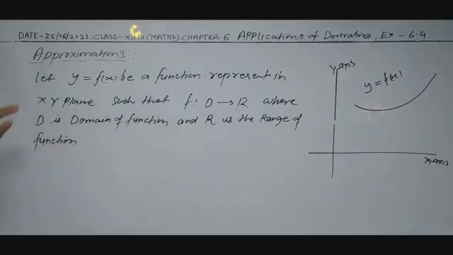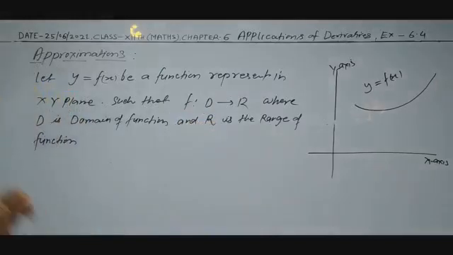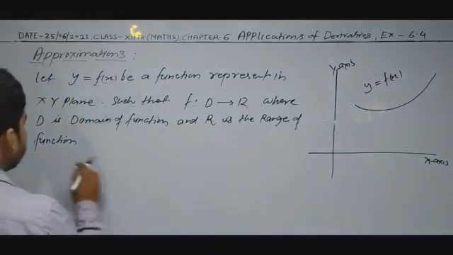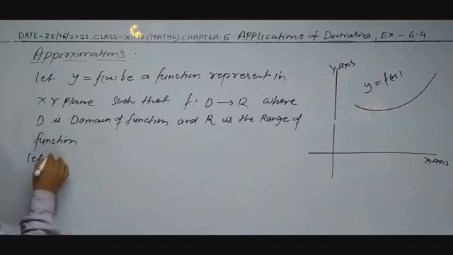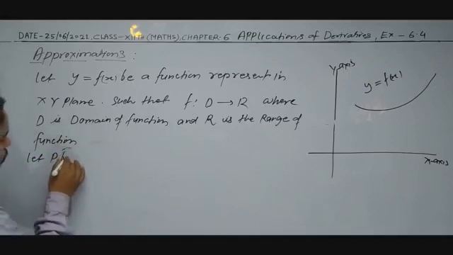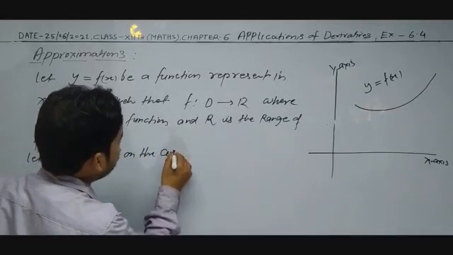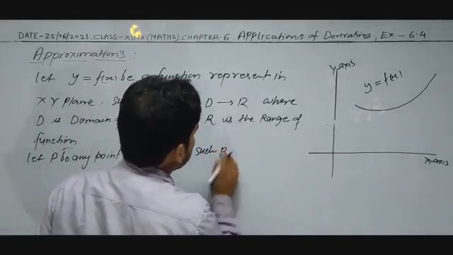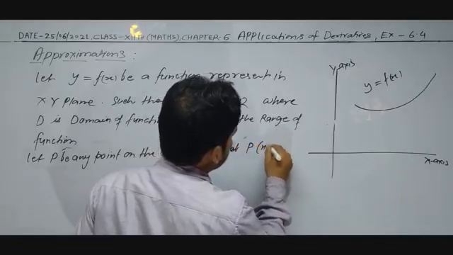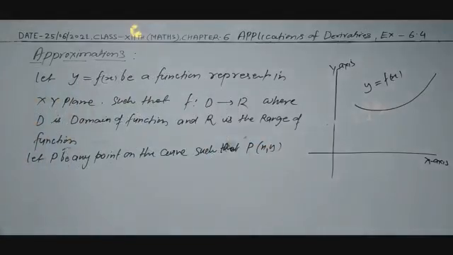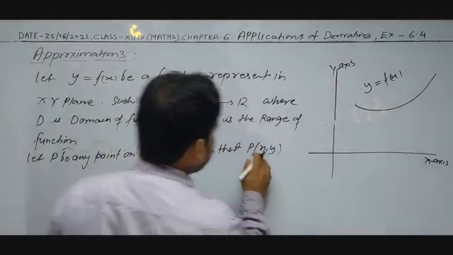First of all, I have considered y is equal to f(x) be a function represented in the xy plane such that f: D to R, where D is the domain and R is the range of the function, and let P be any point on the curve such that the coordinates of P are x comma y.